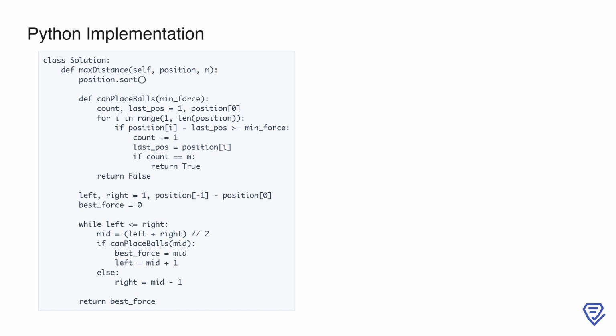If can_place_balls with mid returns true, it means this force is feasible, and we attempt to find a larger force by moving the left boundary to mid + 1. Otherwise, we reduce the search space by moving the right boundary to mid - 1. 5. Return the maximum force. Once the binary search completes, best_force contains the maximum magnetic force that can be achieved while placing the m balls. This approach is efficient, with a time complexity of n log d, where n is the number of basket positions, and d is the range of possible forces. It ensures that the solution is both optimal and scalable for larger inputs.